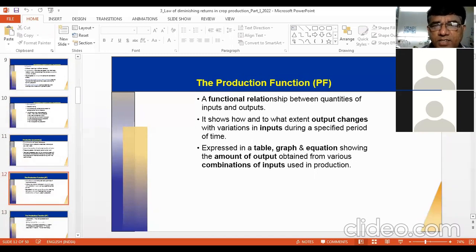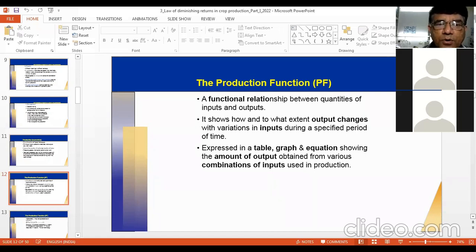Now, production function. For example, the law of diminishing return, or the law of physiological proportions, or Mitscherlich equation. These all are production functions which show the relationship between input and output. The functional relationship between quantities of input and output is your production function.